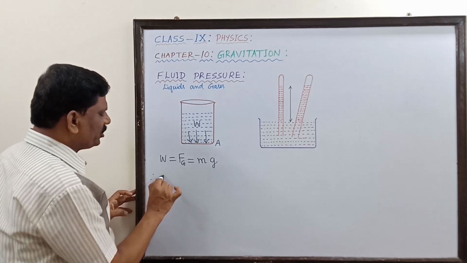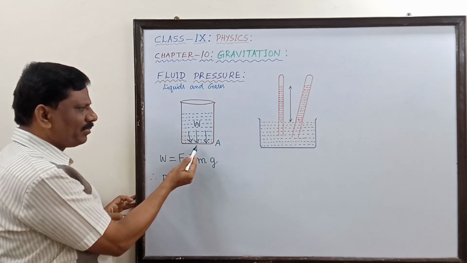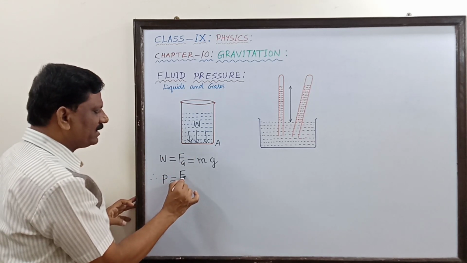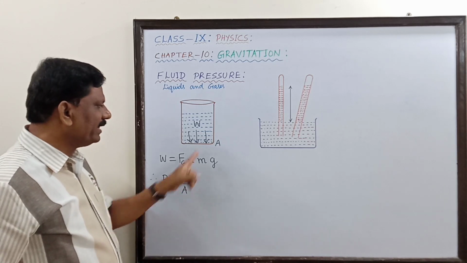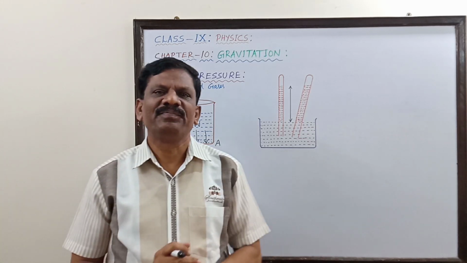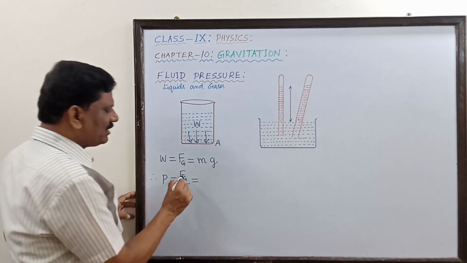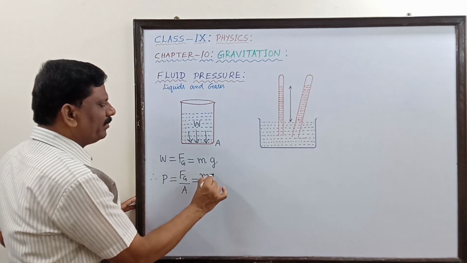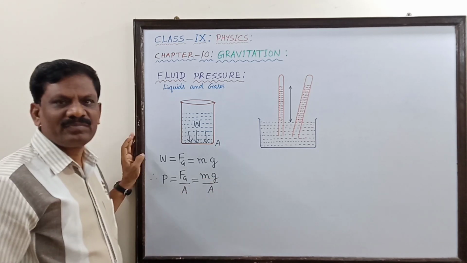Therefore, how much pressure is this liquid exerting on the bottom surface of the beaker? Pressure is equal to this gravitational force divided by area. Force per unit area is called pressure. Now, instead of this force, I can substitute m into g divided by the area A.